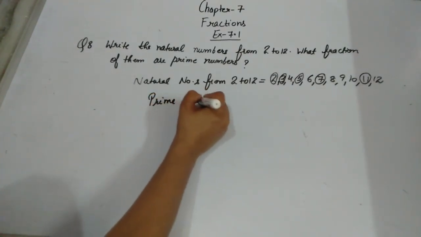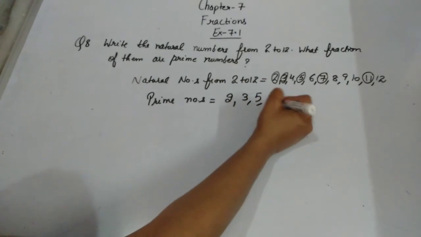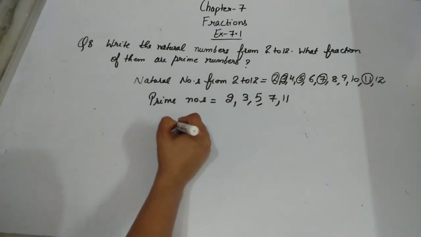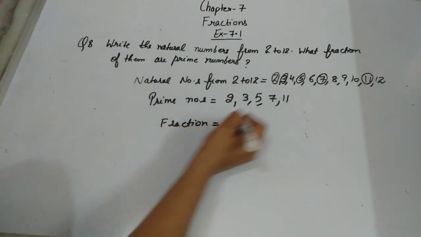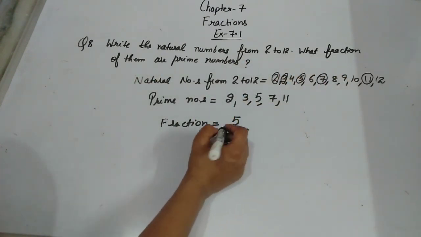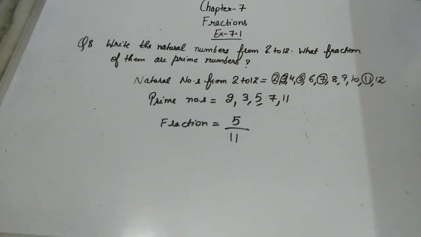Prime numbers are 2, 3, 5, 7 and 11. How many are there? 5. So the fraction will be, prime numbers are 5, but the total numbers are how much? 11. Yes. So 5 upon 11 is the answer. So the fraction of prime numbers is 5 by 11.